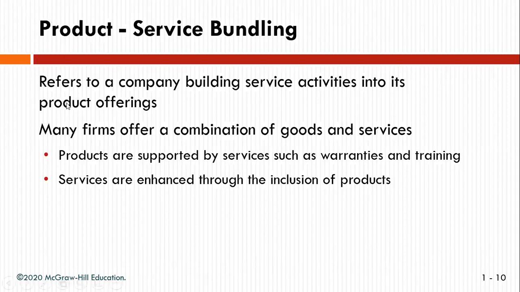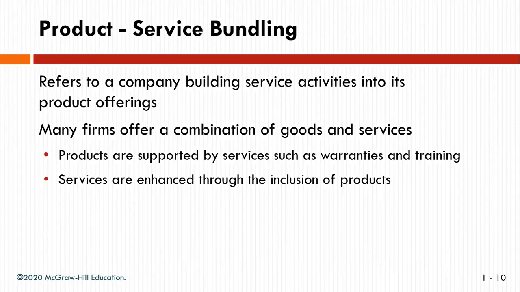If we want to talk about product service bundling, as we said, it refers to a company building service activity into its product offering. And you'll probably find a lot of products that provide service. Usually you don't purchase a product if there is no 1-800 number service or maintenance service, something like that.